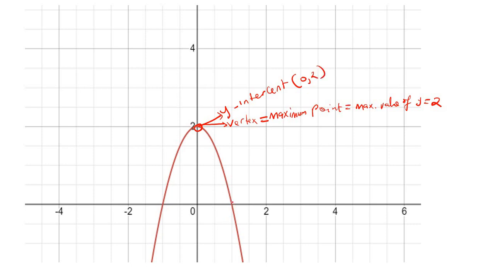So here we have our x-intercept, and at this junction again, we have our x-intercept. Now, between here and here, remember we're not talking about scale, but from here to here is 2.